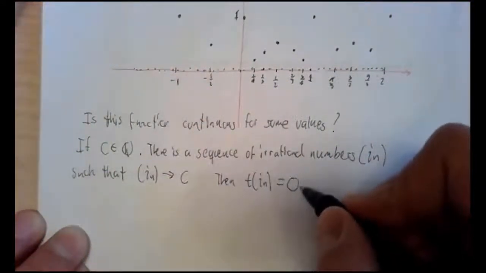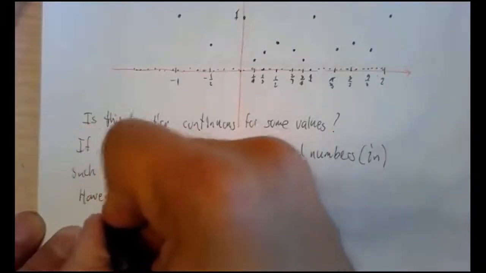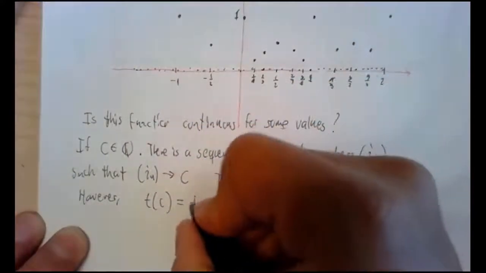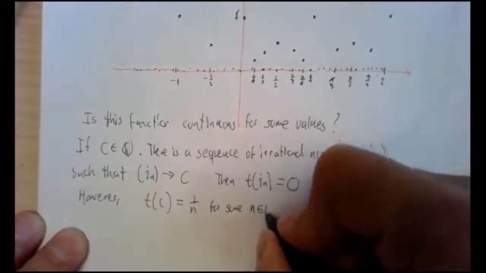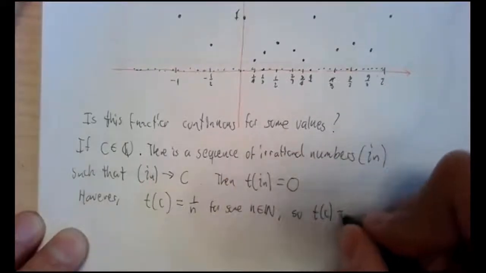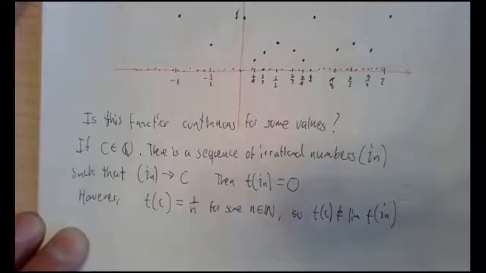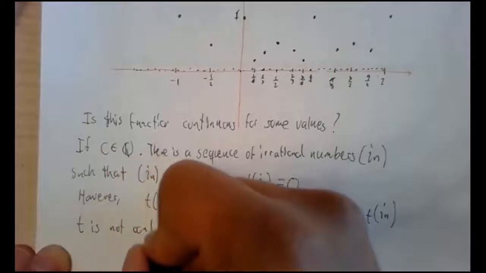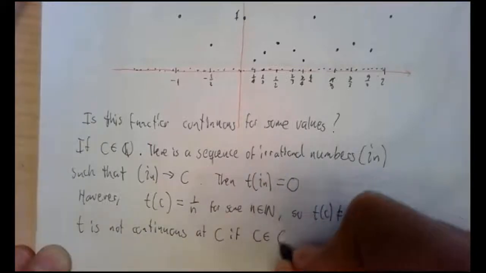So these are all zeros, right? But what is T of c? Well, T of c is going to be, it's a rational number, so it's going to be 1 over n for some n, right? So definitely it's not going to be 0. So T of c is not equal to the limit of the T of I_n. So it's not continuous at the rational numbers. So T is not continuous at c if c is a rational number.